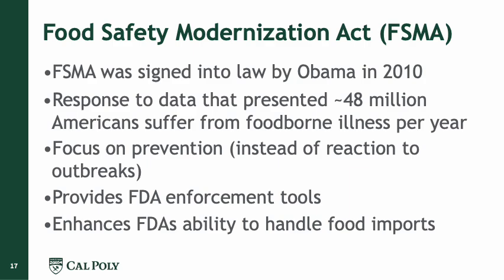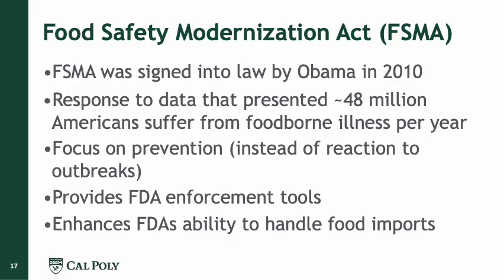And it focuses on prevention instead of reaction to outbreaks. So we want to prevent outbreaks from happening, and we don't want to have a reactive approach, but to prevent them. And the FDA establishes enforcement tools that will help have these regulations in place.